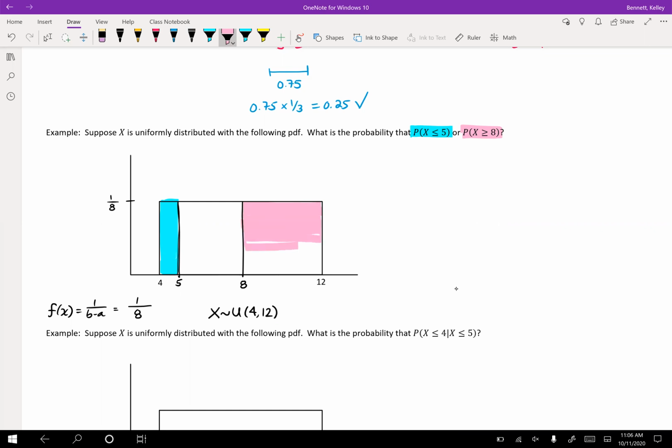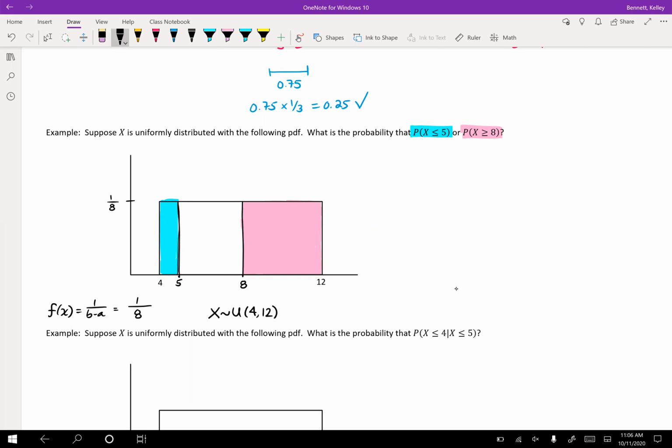When we did probabilities involving OR in chapter 3 and a little bit maybe in chapter 4, we had to add them up separately and then subtract their intersection. But here we actually don't have any intersection. So we're just going to add up these two areas separately.